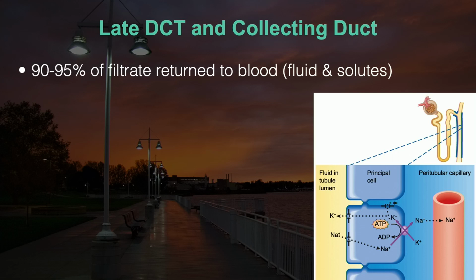Later on, after we've exerted that control with aldosterone, and perhaps the average 10% of filtrate has been reabsorbed, there's only 5 to 10% left. 90 to 95% of all of the filtrate has been returned to the blood. Glucose, amino acids, ions, fluid. The large majority has been returned to the blood.